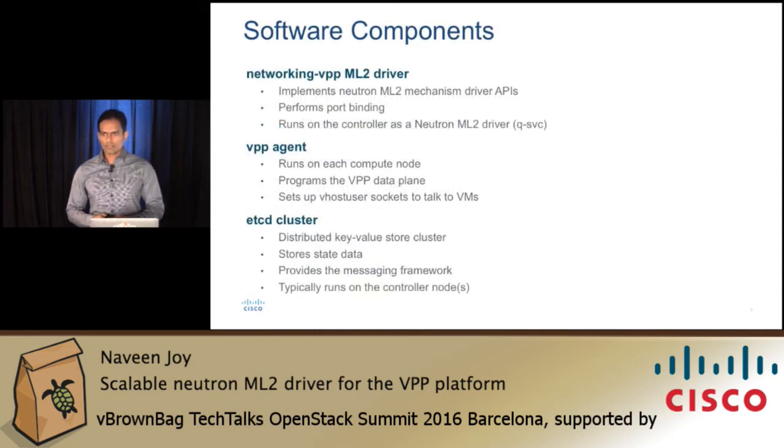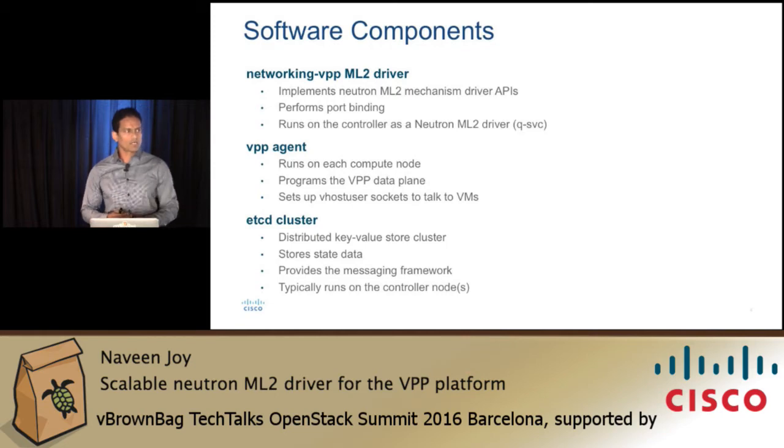So what are the main software components of networking VPP? There are three. One is the ML2 networking VPP mechanism driver itself. This is the code that implements the Neutron ML2 mechanism driver APIs, basically creating the ports. When you make that call, the mechanism driver creates the port within VPP itself. You don't have to know any of the internals of VPP to do that.